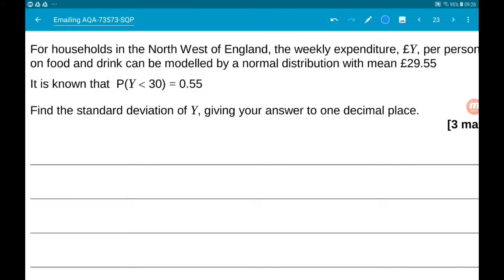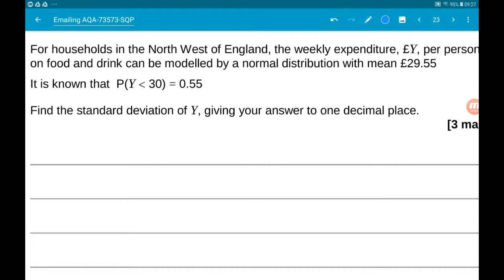And for part B, for households in the northwest of England, the weekly expenditure, Y pounds per person on food and drink, can be modelled by a normal distribution with mean £29.55. It is known that the probability that Y is less than 30 is 0.55.